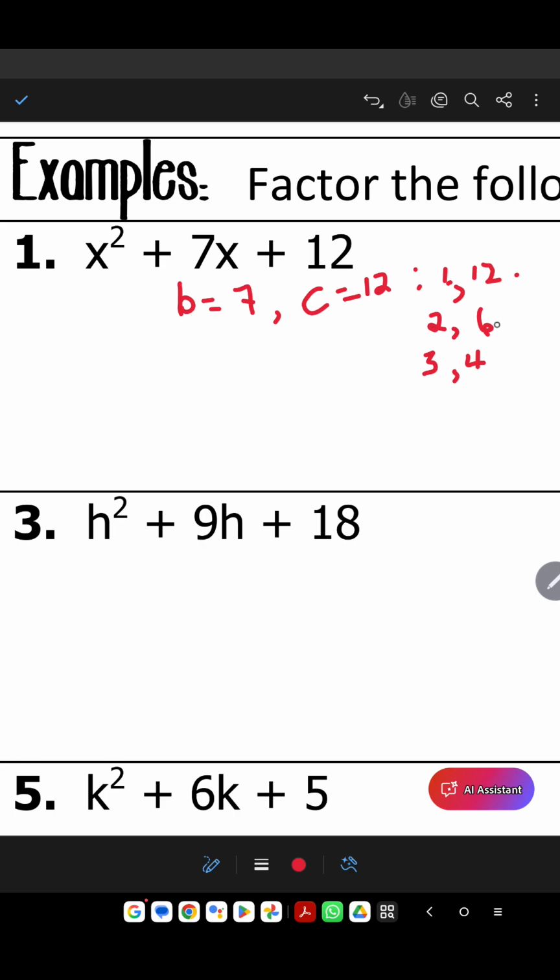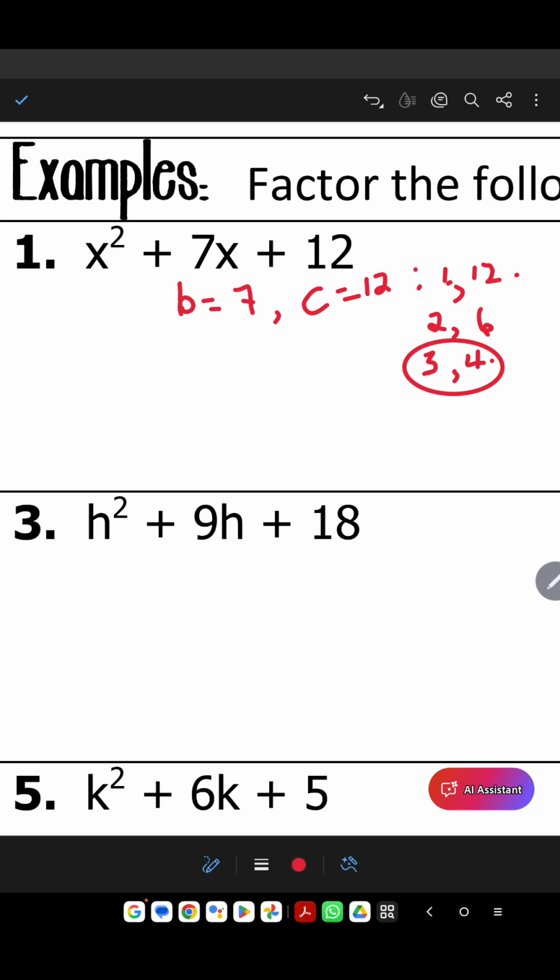2 times 6 is 12. But if we add 2 and 6, we will get 8. So this one can't be used either. And let's look at the third one. 3 times 4 is 12. And when we add these two together, our sum will be equal to b. So the pair factor that we will use here for factorizing this trinomial is 3 and 4.